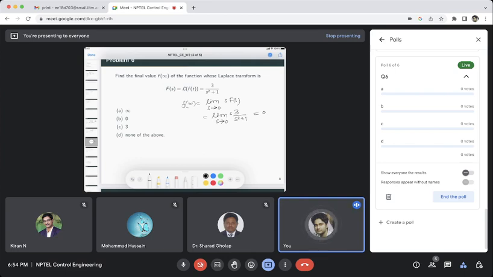So first find the inverse Laplace transform of this function. Can anyone say what the inverse Laplace transform of this function is? 3 sin t. Yeah. And we are starting from 0. This sine function is bounded between 3 and minus 3. So can you say what this function value will be as it approaches infinity?